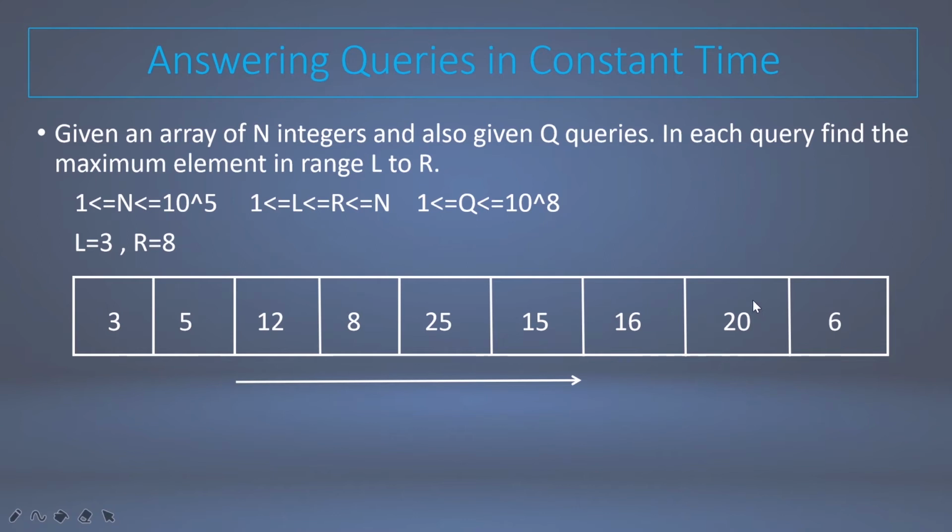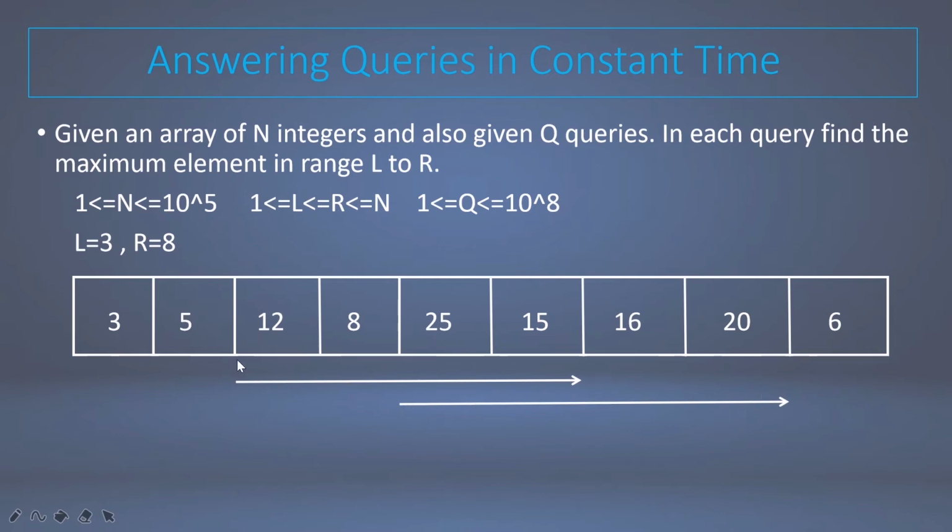The position will be 8 minus 4, which is 4. Then we increment our position by 1, so the next position will be this. From this position we again take the maximum element of size 4. Then the maximum element will be in this range.